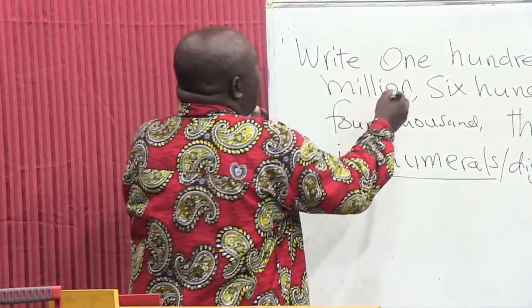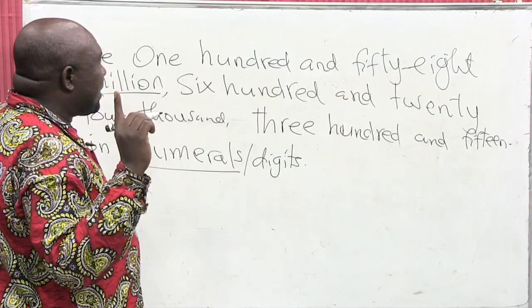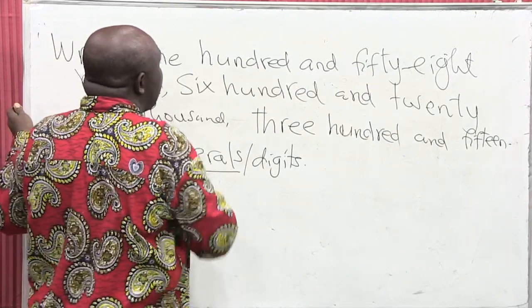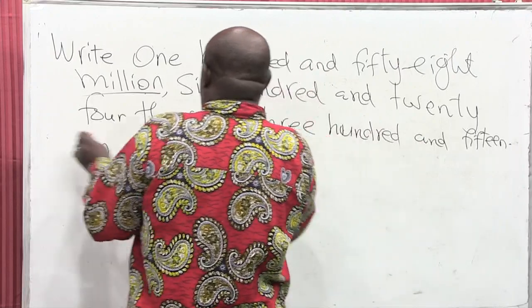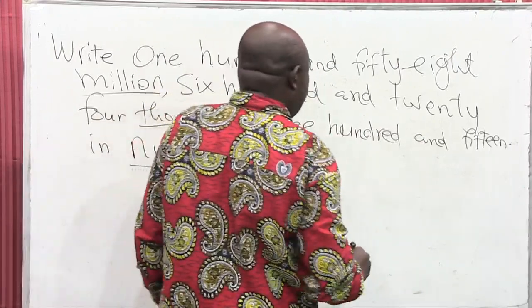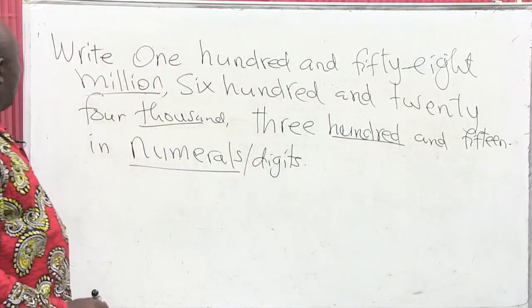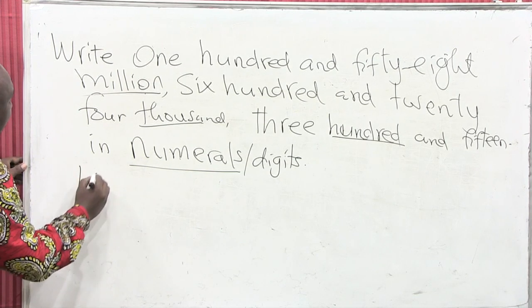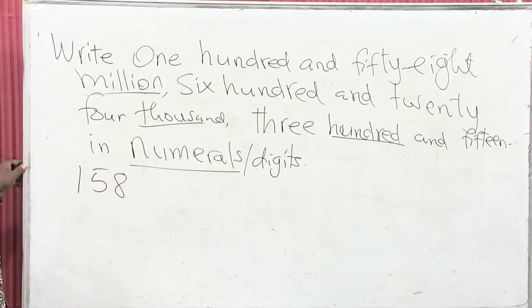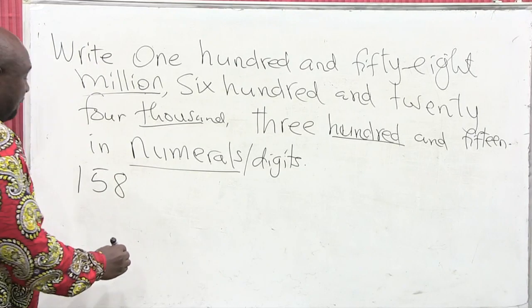You just observe the period of million, period of thousand, and the period of hundreds. 158 is 158 millions.